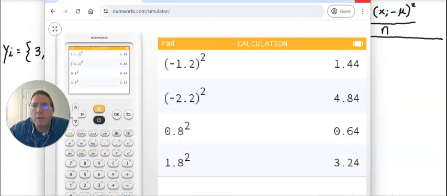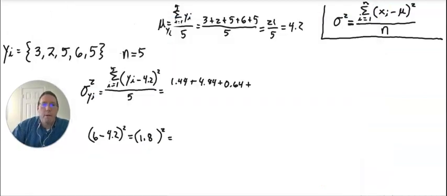It's 3.24. Remember that this piece that we keep doing over and over comes right out of the formula. It's each individual number minus whatever the mean is, which we did separately. We got 4.2, and then you just take the difference and square it. So we're doing that for each number.